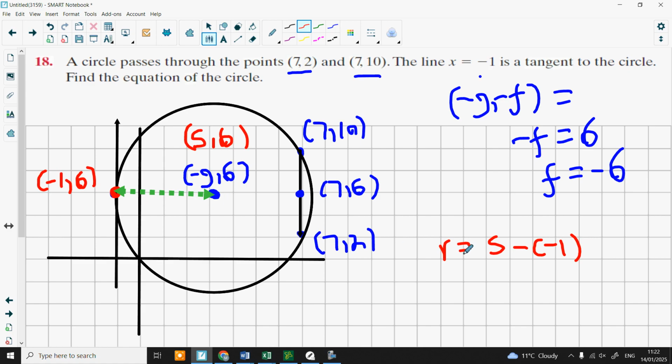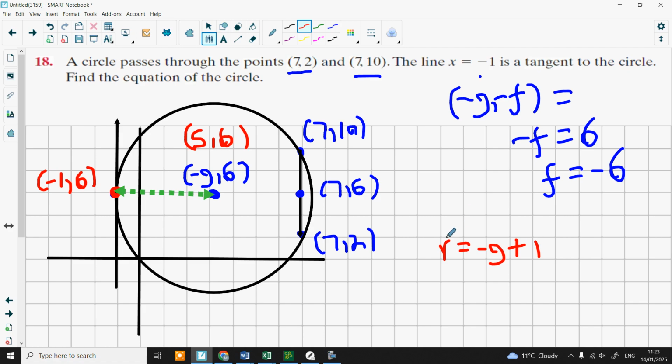Now instead of 5, we have minus g, and instead of minus 1, we have plus 1. Is everybody happy that the radius is minus g plus 1? Okay with that?